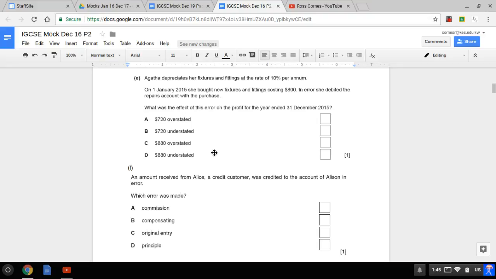The profit's understated because they've taken an expense off they shouldn't. So that would increase the profit by 800. However, you need to also allow for the 10% depreciation. 10% of 800 is 80, and therefore it's actually only understated by 720, because you're going to take some expenses out, but you're going to add $80 of expense in overall.